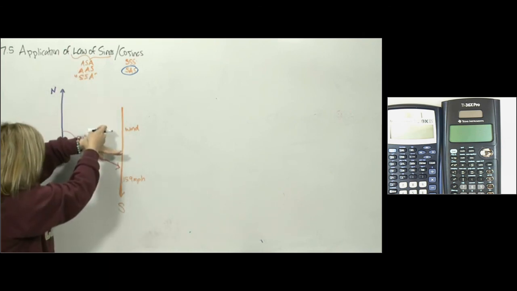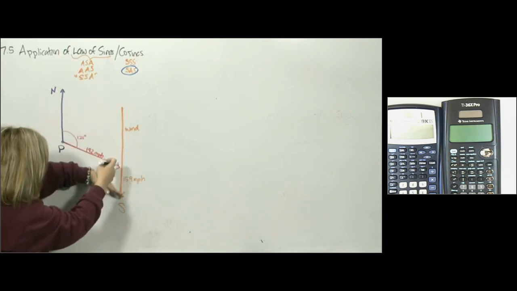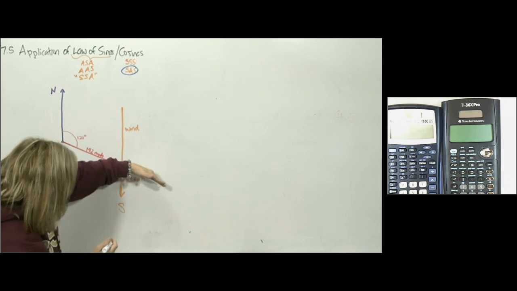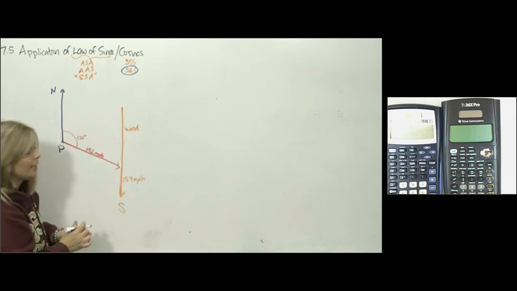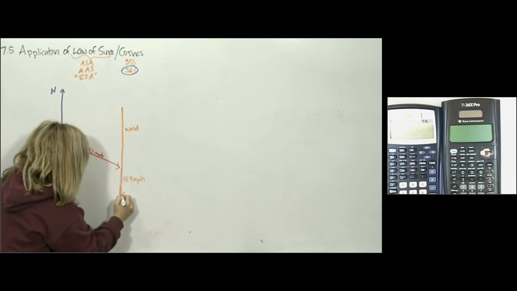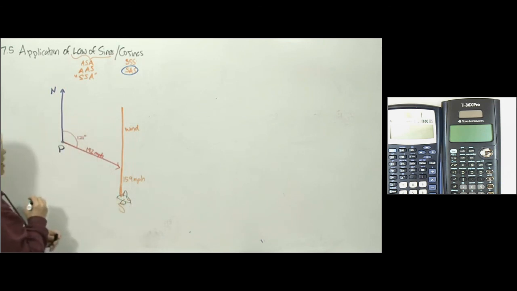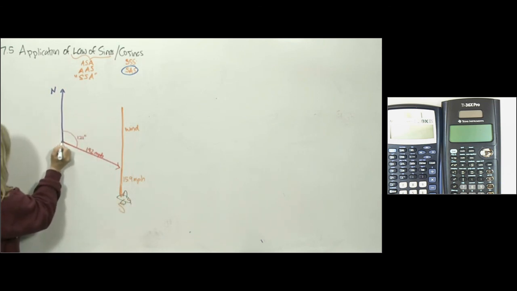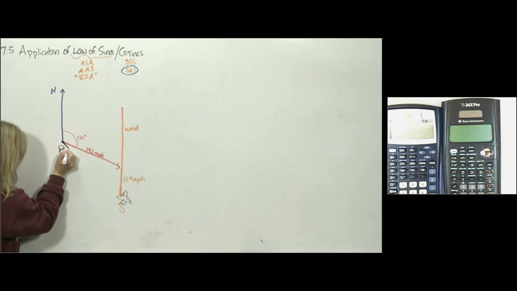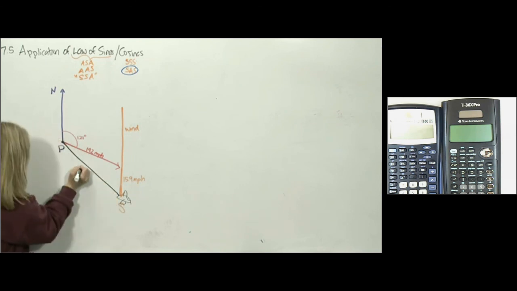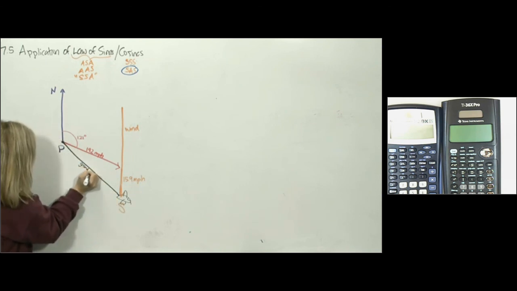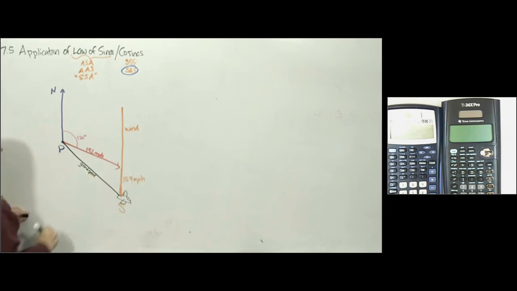But this wind is hitting it. So what happens is this wind is blowing it. It's really not staying here. It's going off course and going here. So you all agree the plane, and I'm not the best drawer in the world, is somewhere there. When they ask for the ground speed, they're asking from where you started to here. This would be your ground speed. That's what they want to know right now, the length.